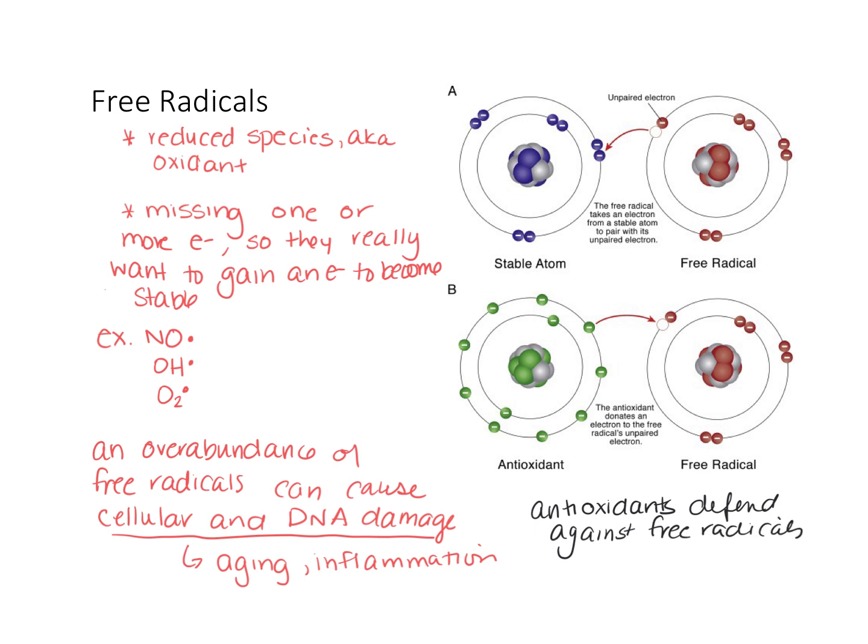So what they do is they come along and they donate an electron to the free radical, right? And it keeps the free radical from reacting with stable ions by reacting with these antioxidants. So we're going to look at 3 common antioxidants that are used in cosmetics pretty commonly.